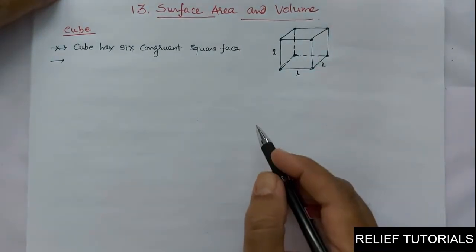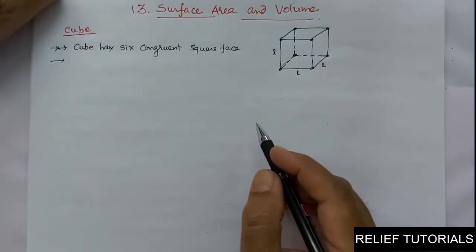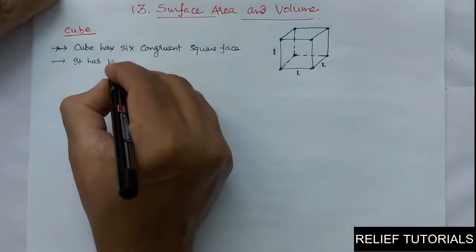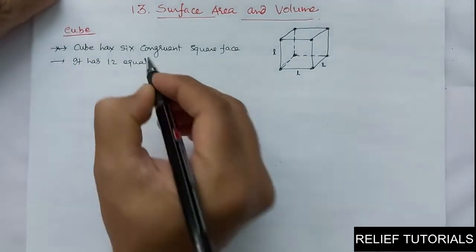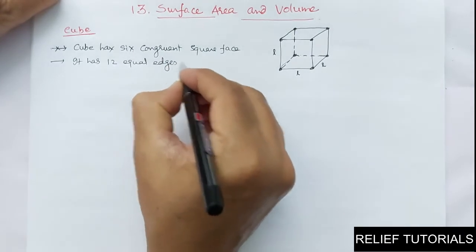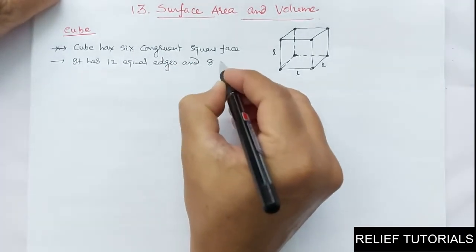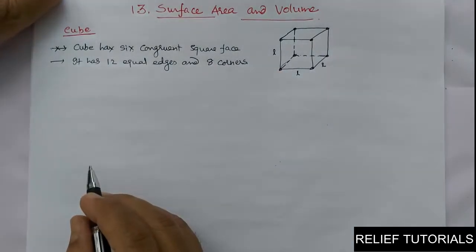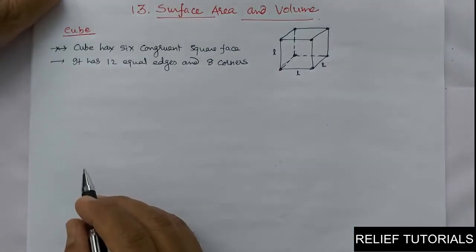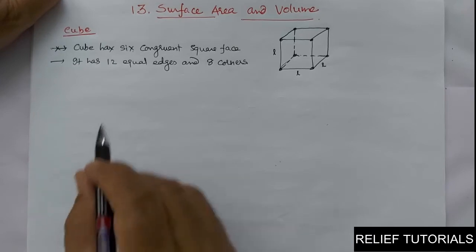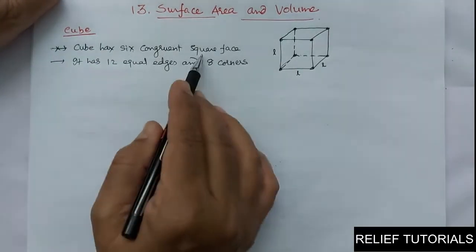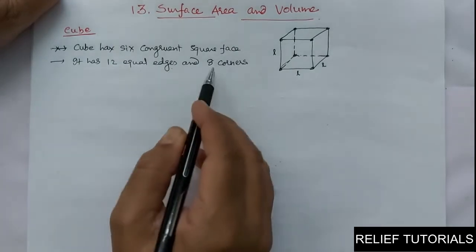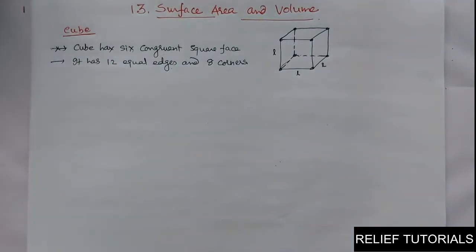So it has 8 corners, which are called vertices. So all the 6 faces are congruent square faces and it has 12 equal edges and 8 corners.